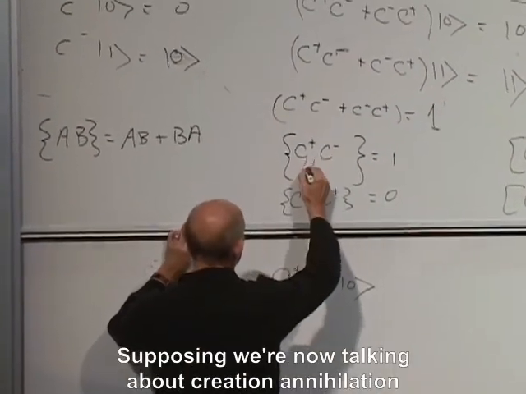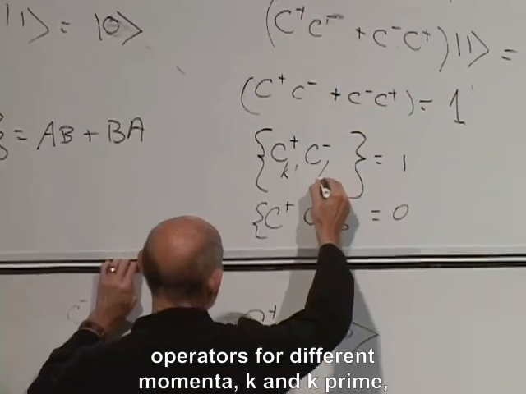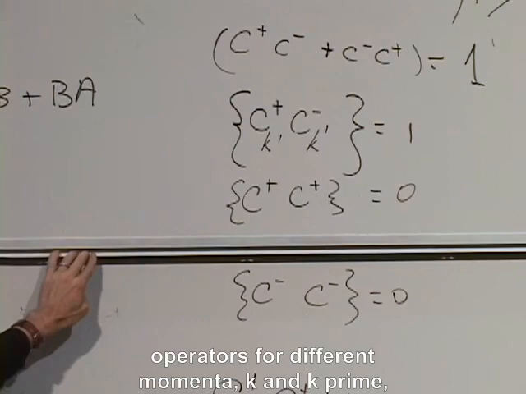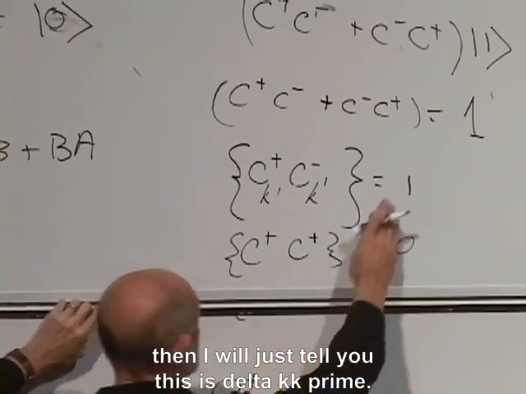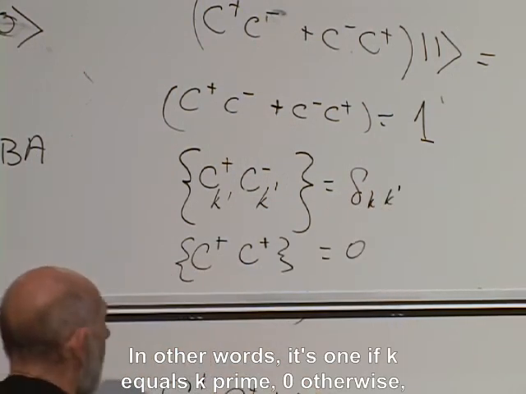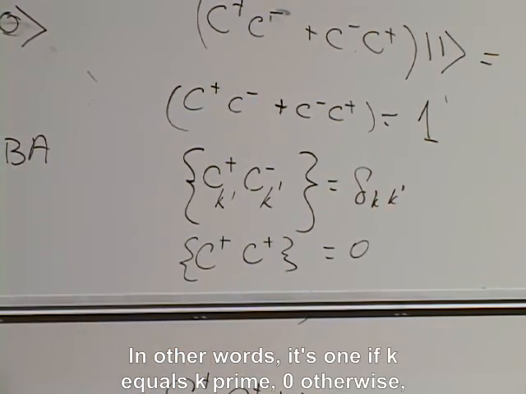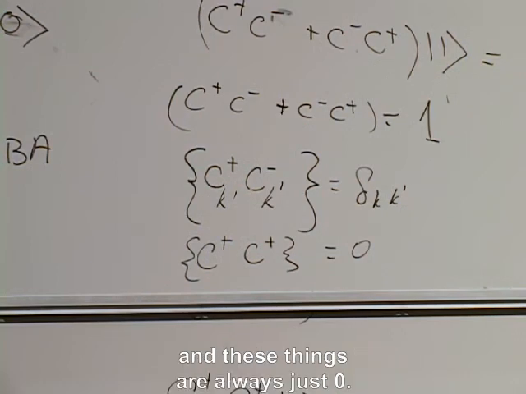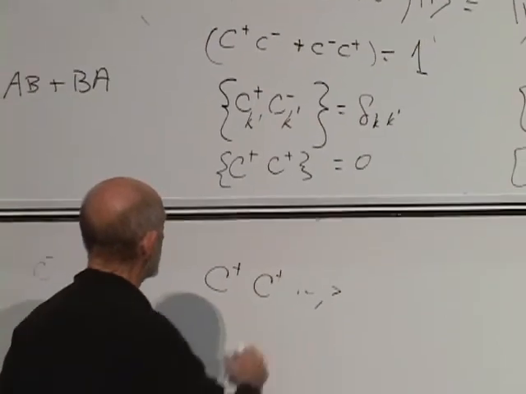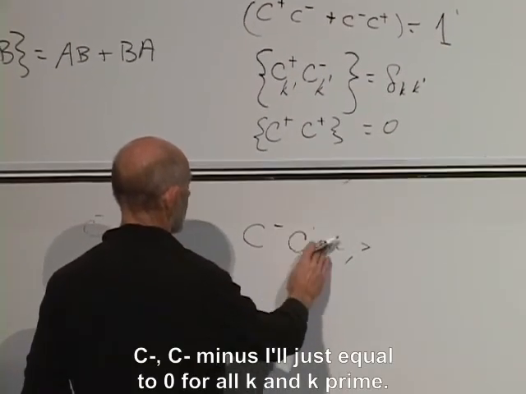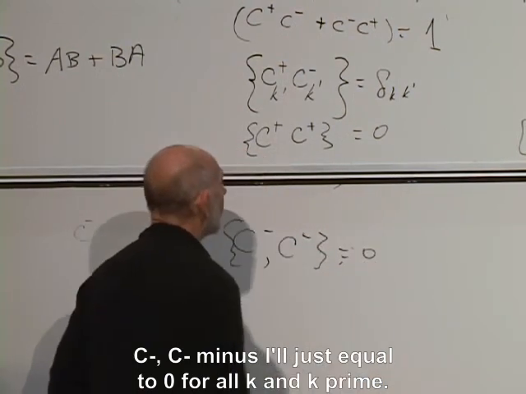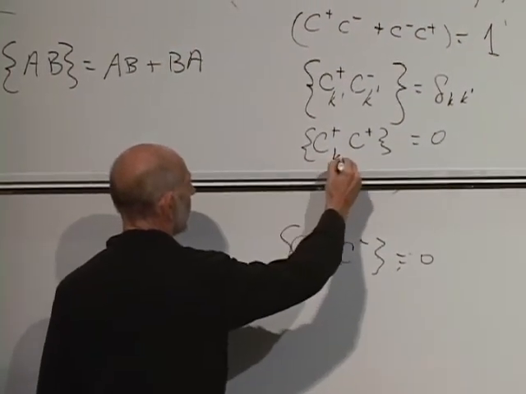Supposing we're now talking about creation and annihilation operators for different momenta, K and K prime, then I will just tell you this is delta K, K prime. In other words, it's 1 if K equals K prime, 0 otherwise. And these things, C minus, are always just equal to 0 for all K and K prime.